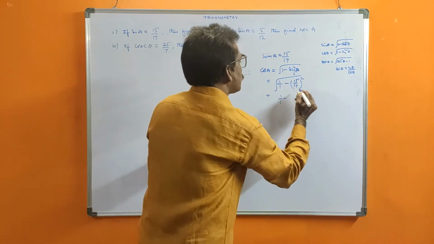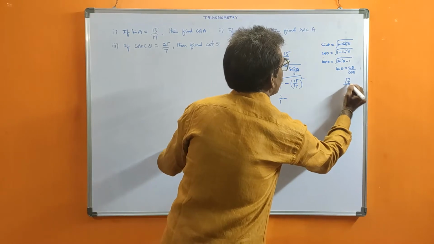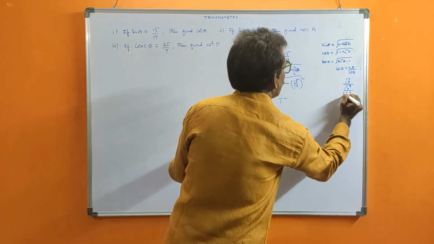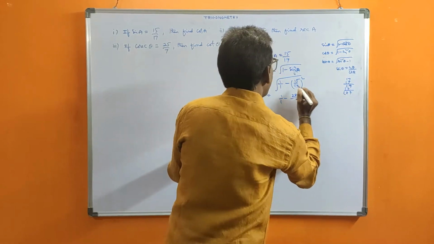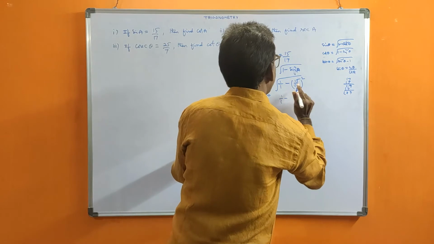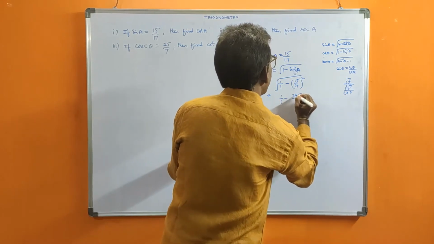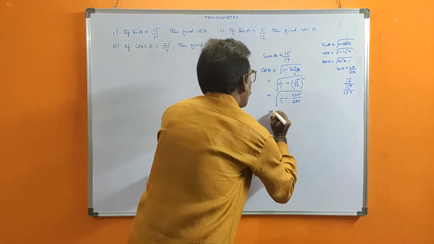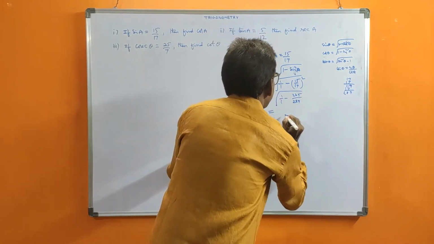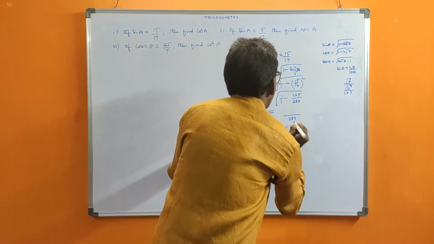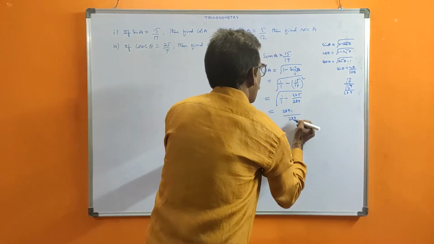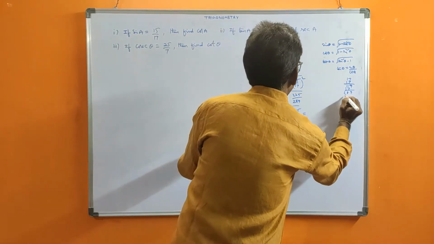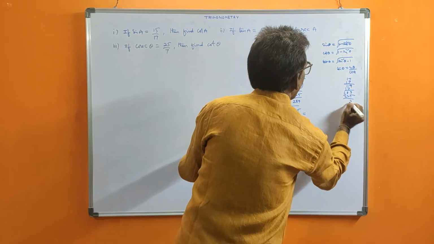Now 1 minus 15 by 17 whole square: 17 times 17 is 289, 15 times 15 is 225, so it is the square root of 1 minus 225 by 289. The LCM is 289 only, so it is the square root of (289 minus 225) by 289. 289 minus 225 is 64.